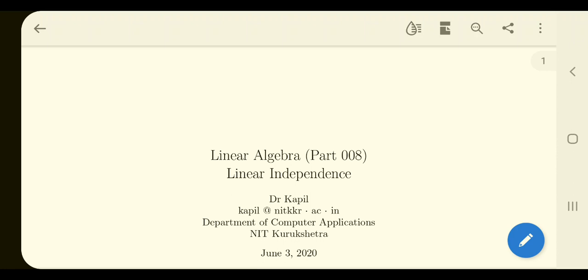In previous videos, we talked about subspaces. We raised some questions, like if we are interested in some vectors, whether these vectors fill up the entire vector space or something less.